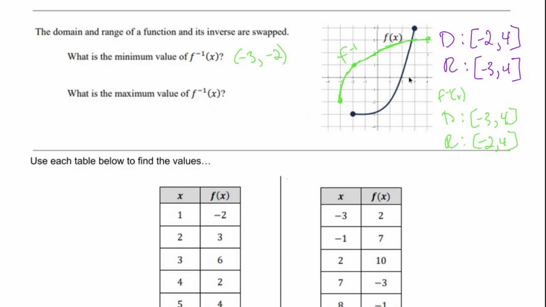Well, that's going to be all the way to the right and all the way up here, which happens to be the (4, 3). So that works out quite nicely.